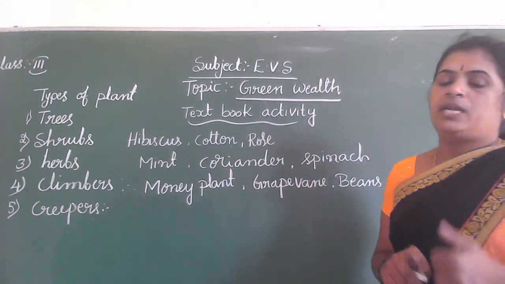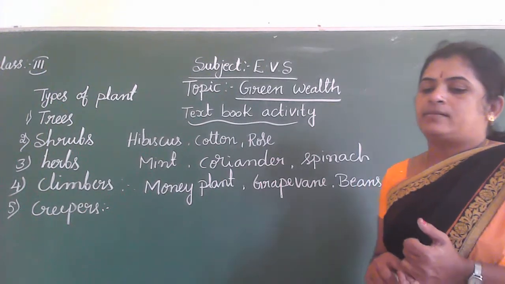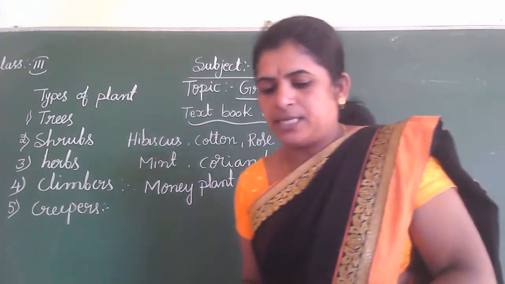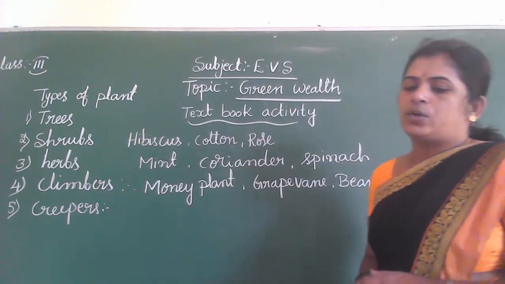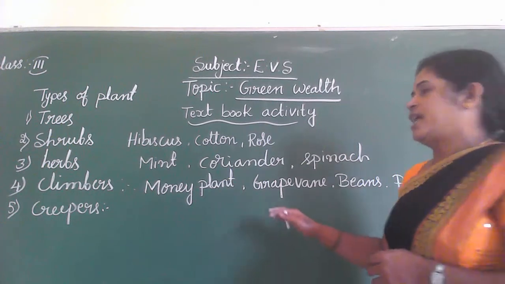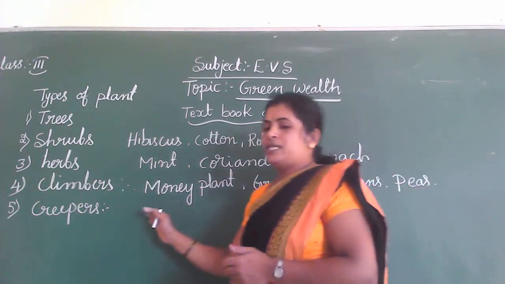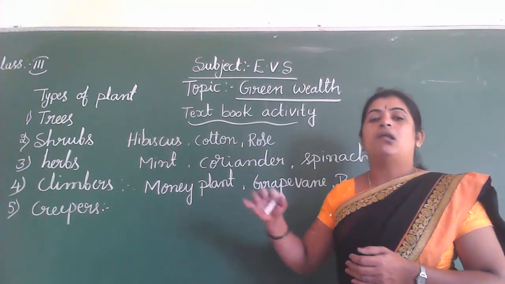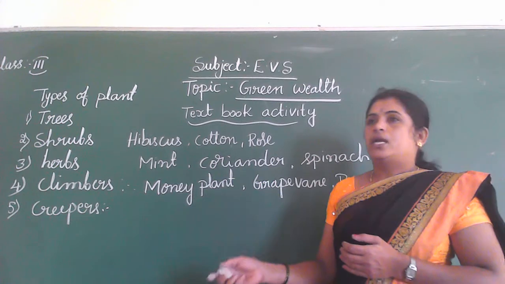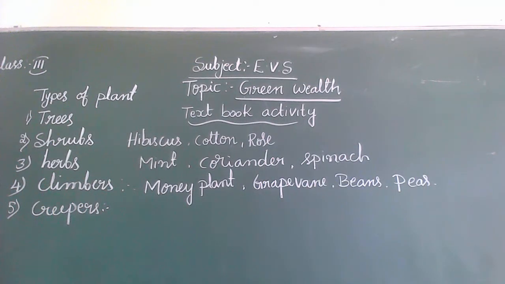Creepers. What do you mean by creepers, children? Creepers are very weak plants that mostly grow along the ground. Creepers have very weak stems. These plants grow along the ground and are known as creepers. Alright, name some creeper plants, children.